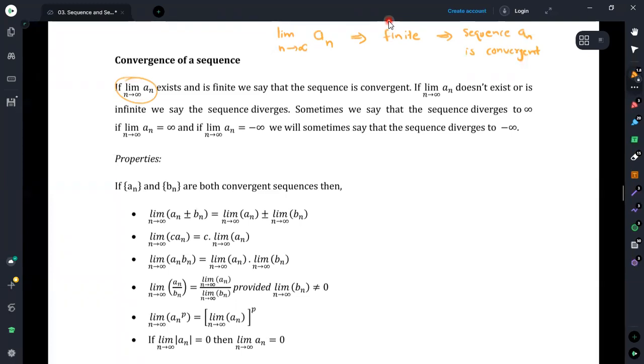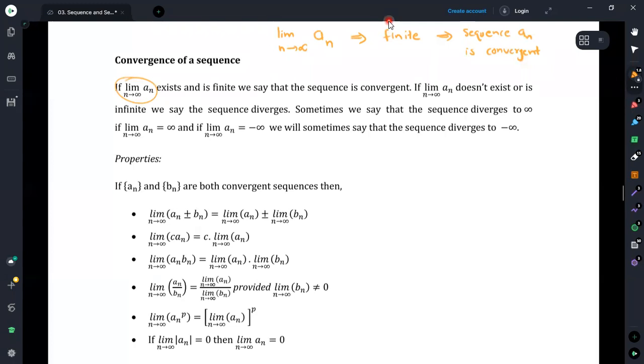In that case, again we say the sequence is divergent. Therefore, if a sequence is convergent, then there exists only one value for the limit of an as n goes to infinity. For any other scenario, we say the sequence is divergent.